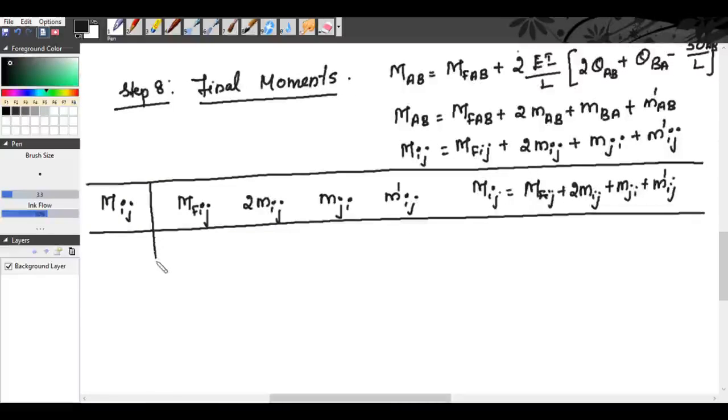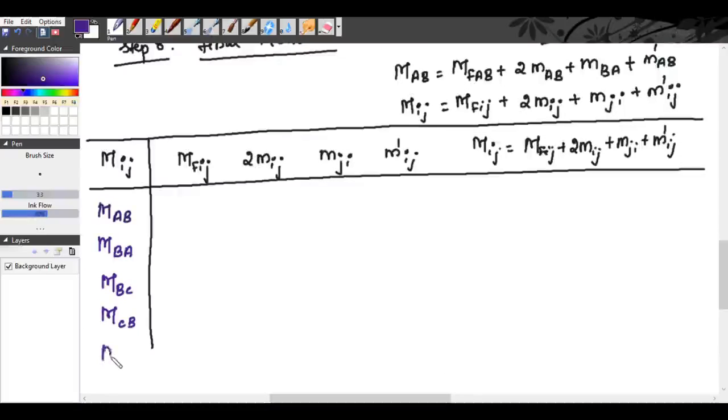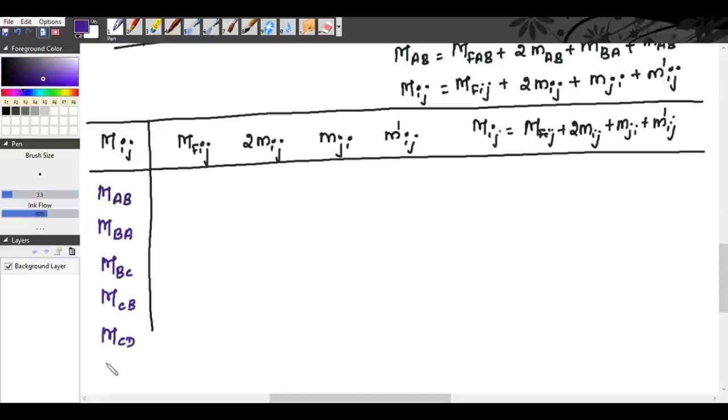So our members are MAB, MBA, MBC, MCB, MCD, and MDC.